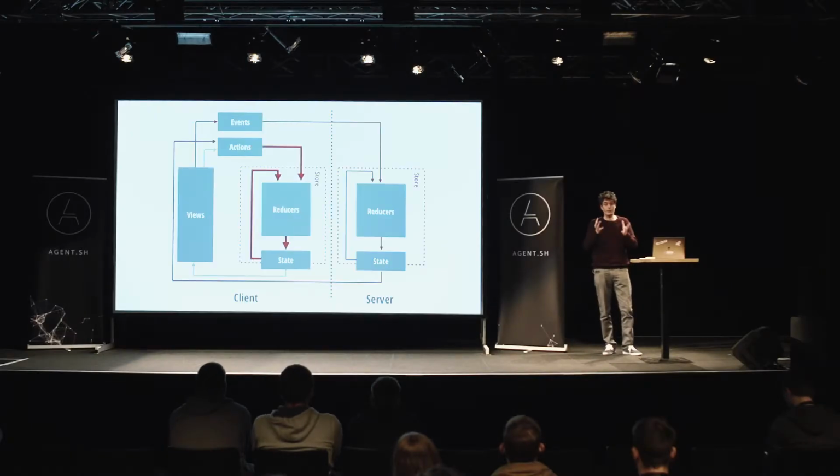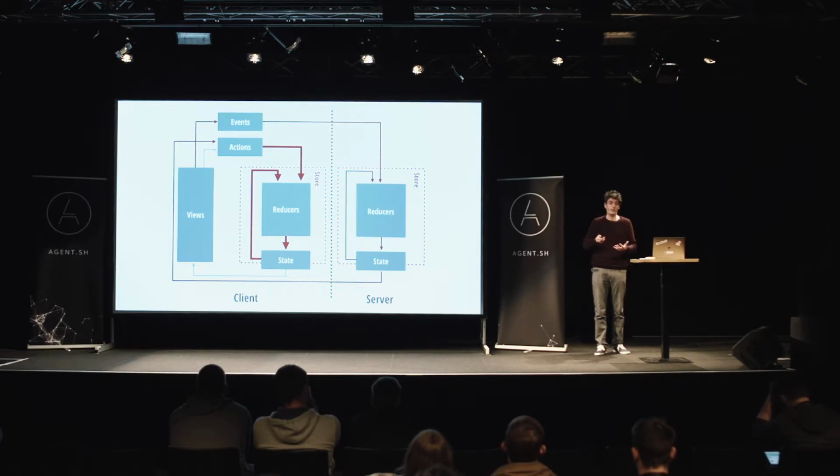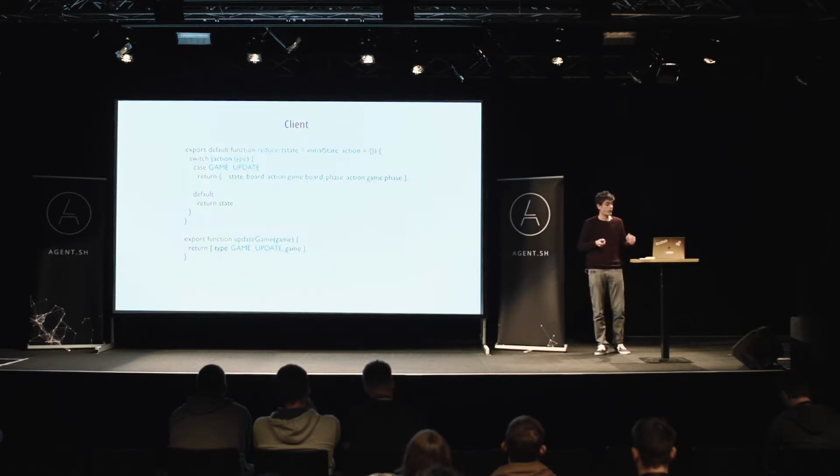Then we have these reducers on the client side that will be much easier, because they always receive the same kind of event: I receive a state and I want to plug it into the store. So I receive this event and just copy it to produce a new version of the state that is the same as I have in the server.